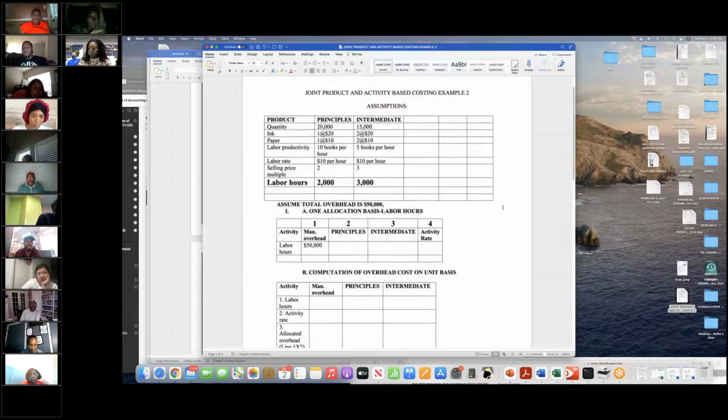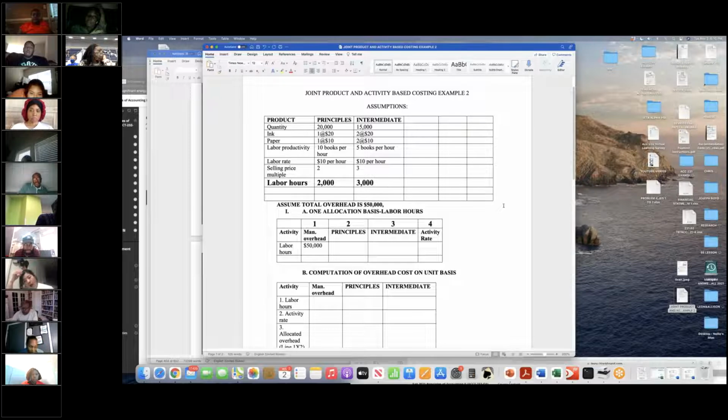So if you had this little bitty problem with just 2 books, what would you do? You're gonna put the labor hours for section 1. For principals, the labor hours are gonna be 2,000, and the intermediate labor hours are gonna be 3,000.